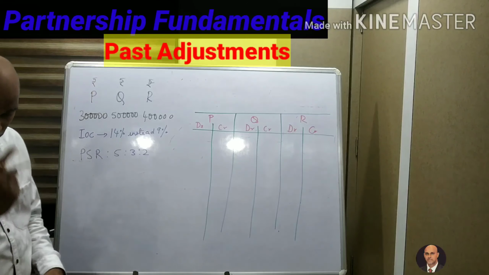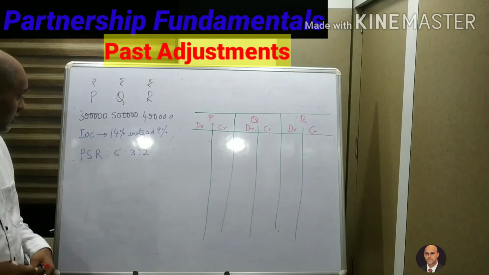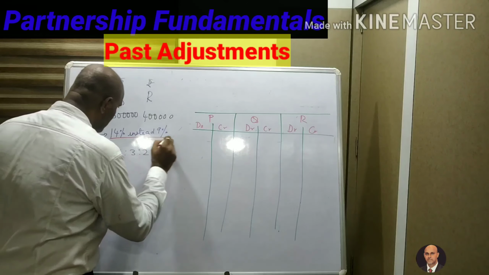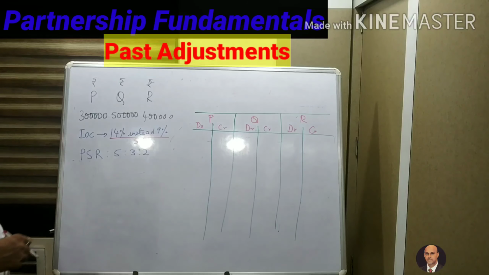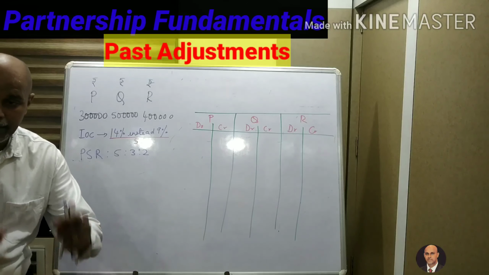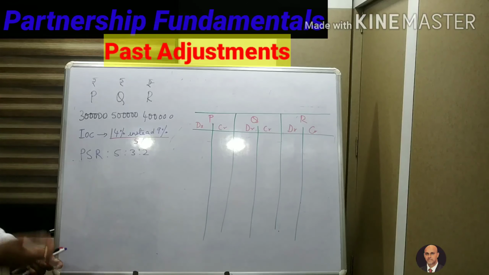So let's understand now. First, what is the difference? The difference is 5%. So take this 5% back instead of taking back 14% and giving them 9%.